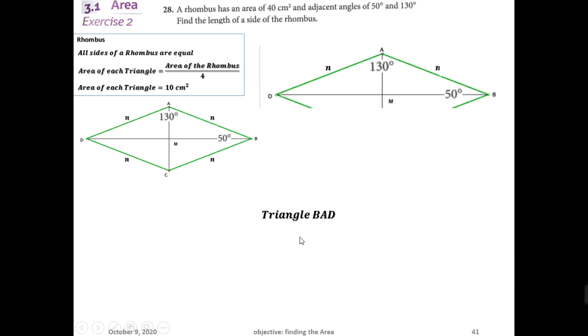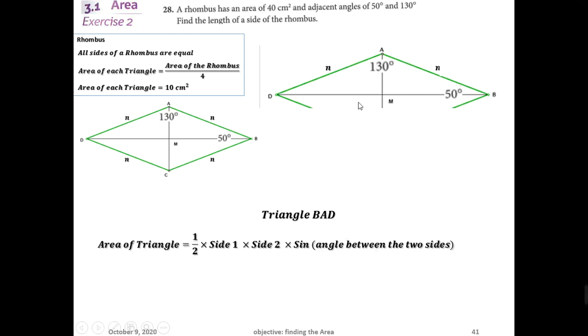In this triangle, the general formula for finding the area of a triangle is half times side 1 times side 2 times sine of the angle between the two sides.